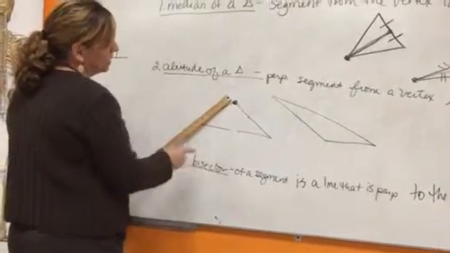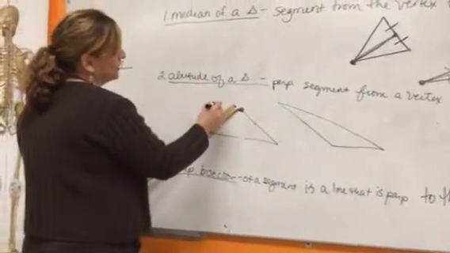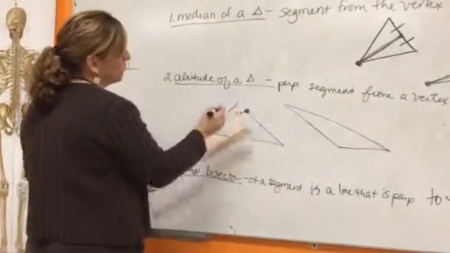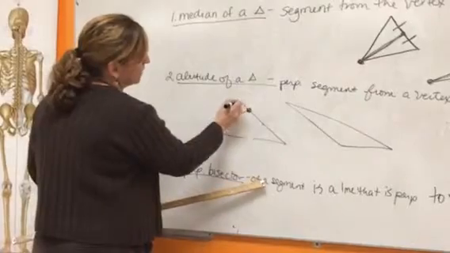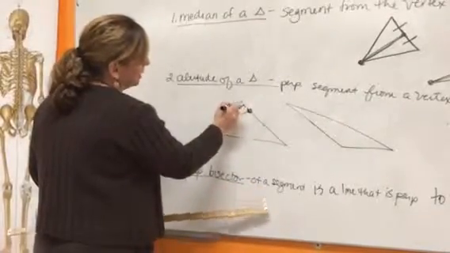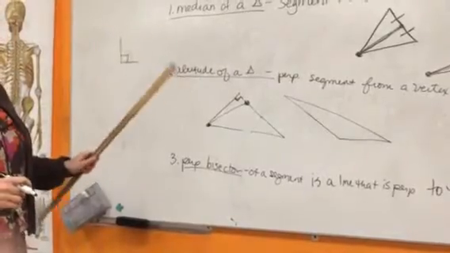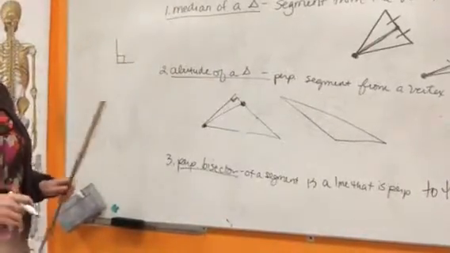Well, it hits outside the triangle. So for this altitude, you have to actually draw it outside the triangle because that's where it becomes 90 degrees. So altitudes are a little higher than medians because medians always go to the midpoint.